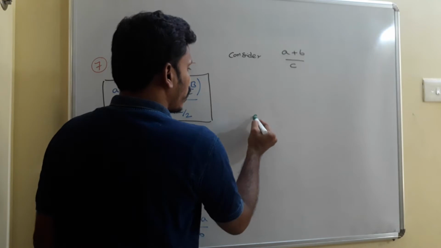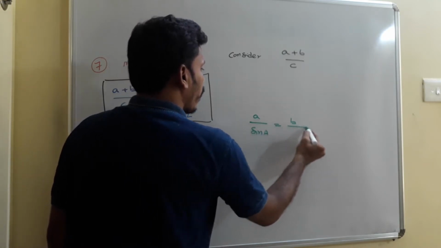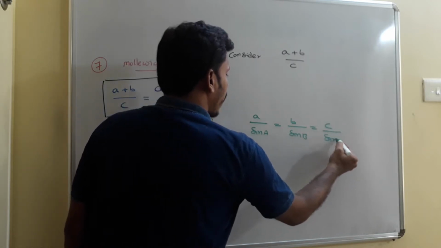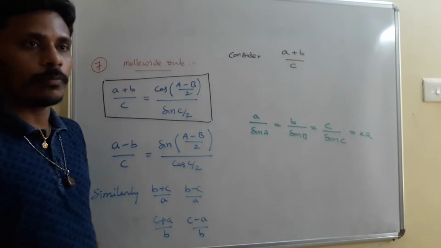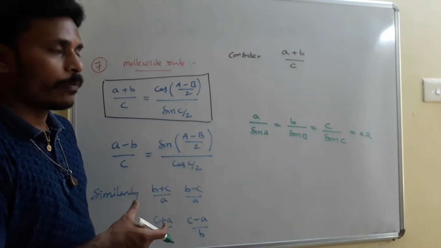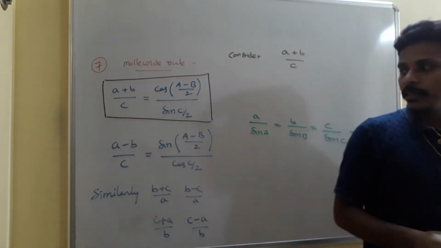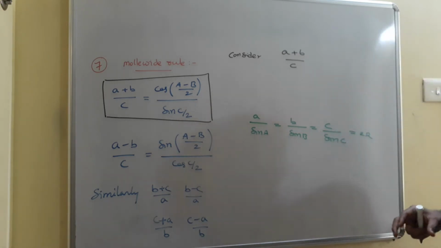Once I will revise for you, the sine rule is what? a by sin a is equal to b by sin b is equal to c by sin c is equal to 2R is the sine rule. And using this sine rule, we are going to prove that (a plus b) by c is cos of (a minus b) by 2 divided by sin c by 2.